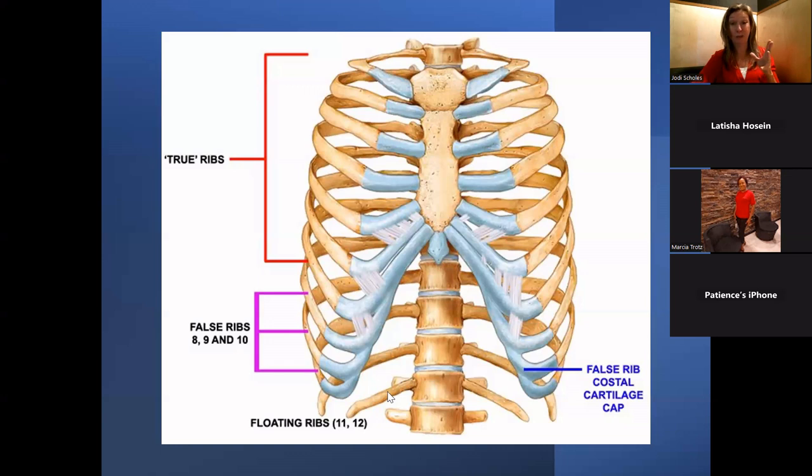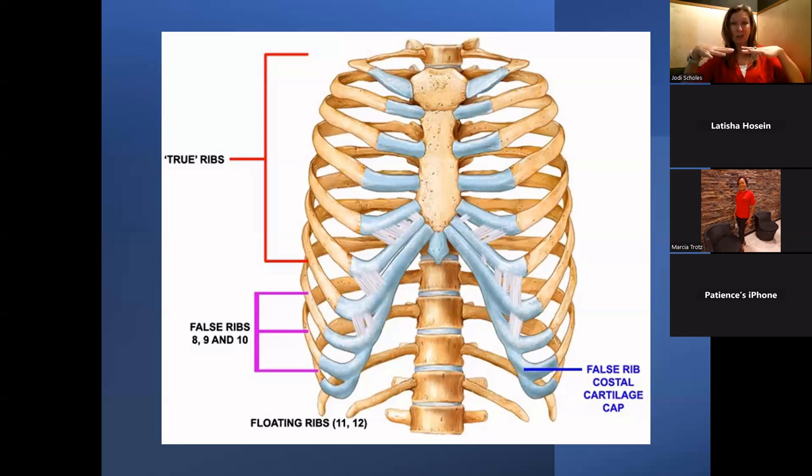They're not attached to anything. They're floaters. So these false ribs have what they call a cartilage cap. This white stuff is cartilage, and it's capped to make it more rigid and to be a part of the cage. But the false ribs technically don't touch the sternum.